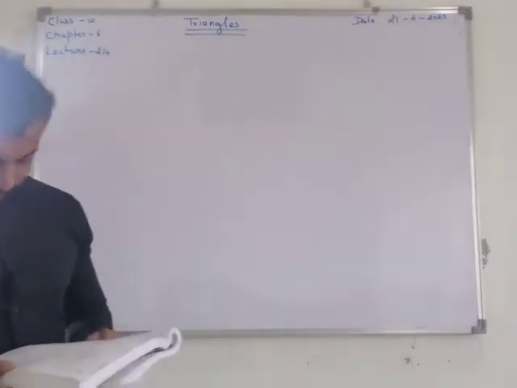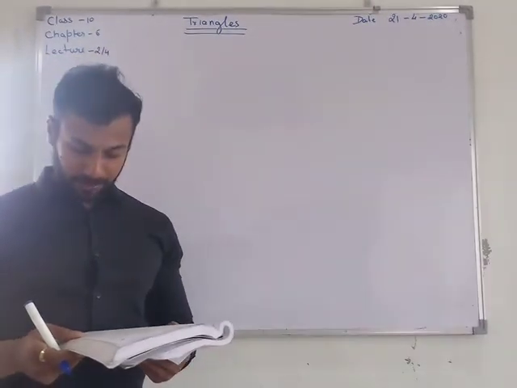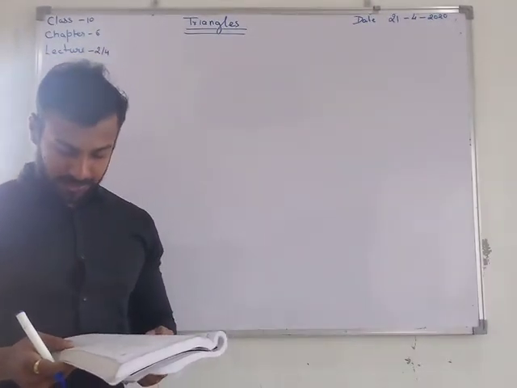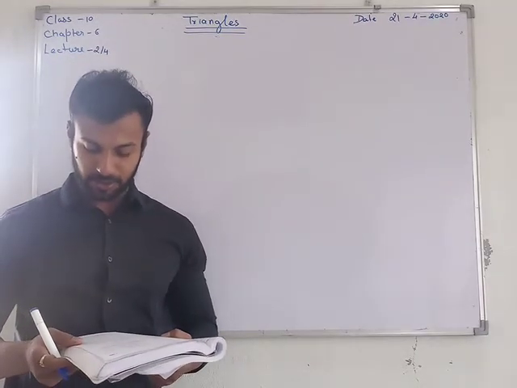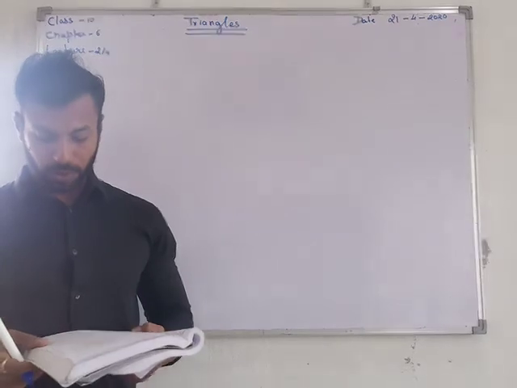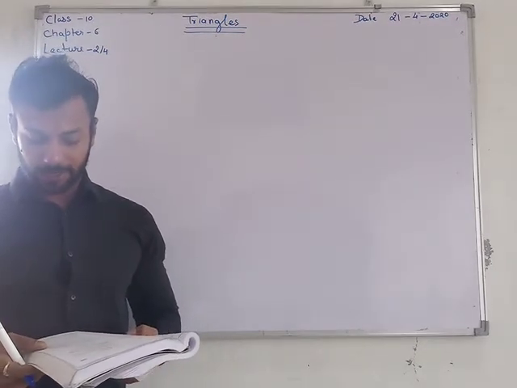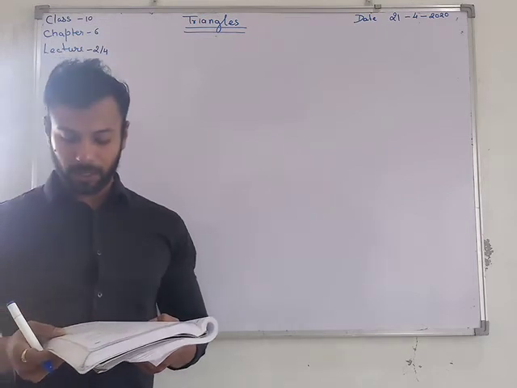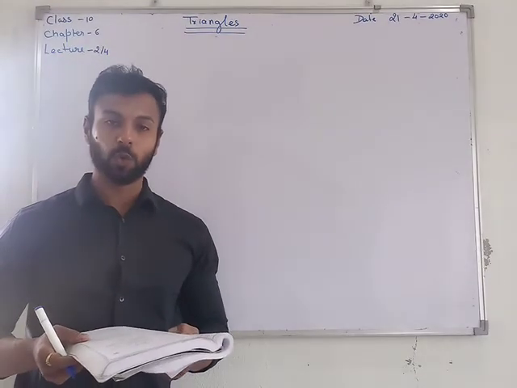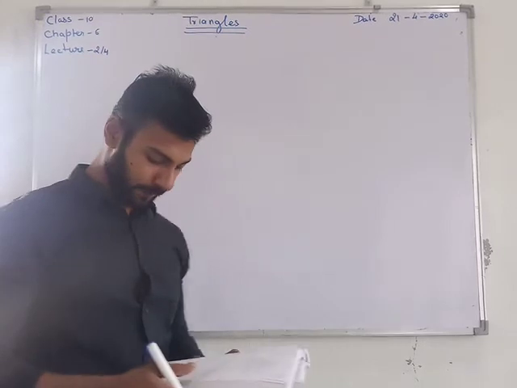The question says that diagonals AC and BD of the trapezium ABCD, with AB parallel to DC, intersect each other at the point O. Using a similarity criterion for two triangles, show that OA by OC is equal to OB by OD.